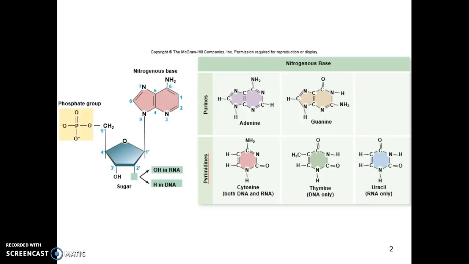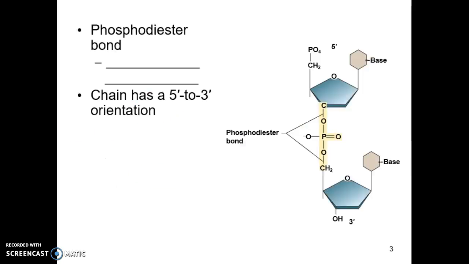But when we look at that DNA strand, the strand is called a double helix. And we will have millions and millions of these nucleotides attached to each other with this thing called the phosphodiester bond. So the phosphodiester bond here attaches nucleotides to each other. So we've got one nucleotide here, one nucleotide here. And it's always the phosphate group of a nucleotide that will bond, this phosphodiester bond, to the bottom of the carbohydrate, or the base of the house.